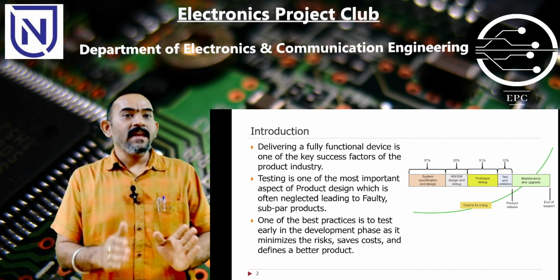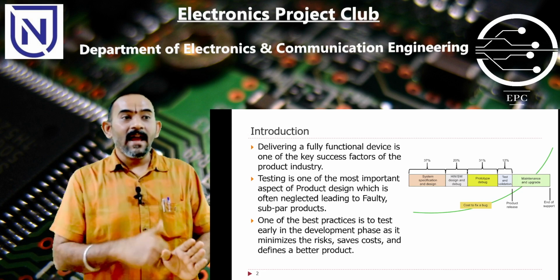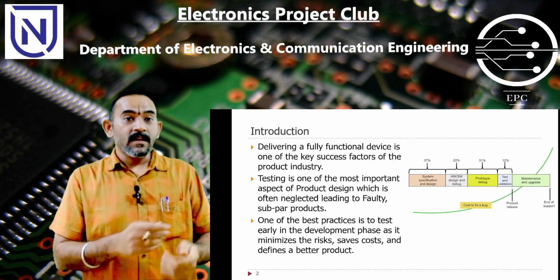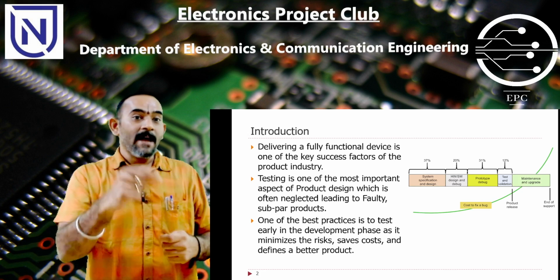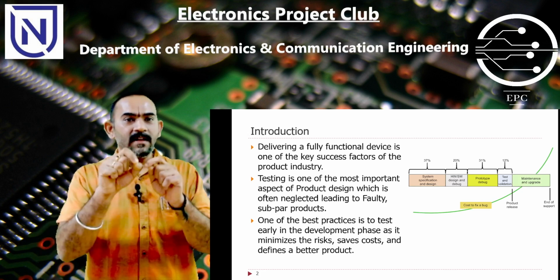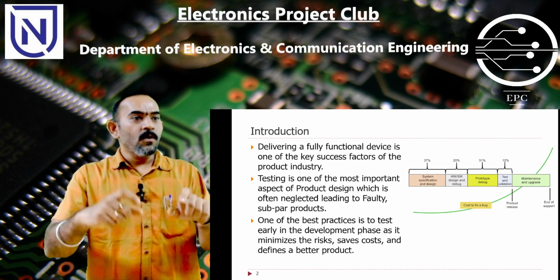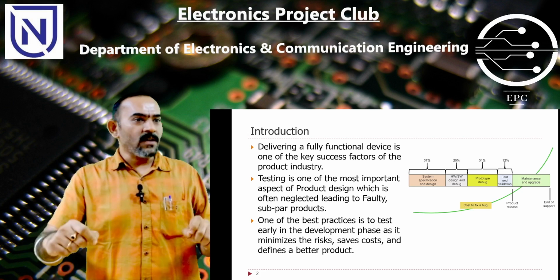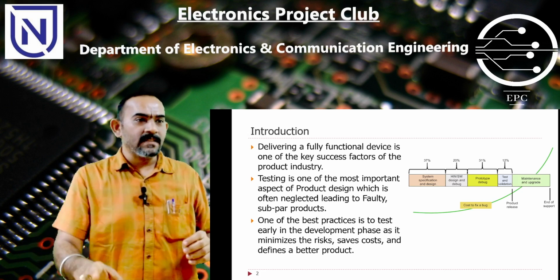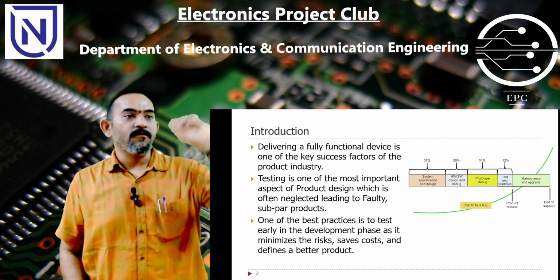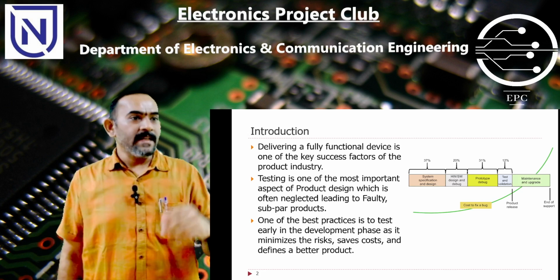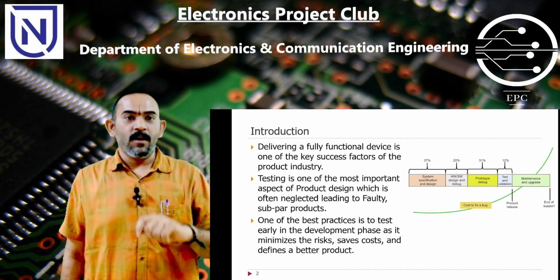So that is why they want to find faults as early as possible. This is more so if it is happening inside an IC, because if inside an IC there is a fault, once I fabricate it, if it is not working, I have to simply throw away that IC. Assume such a fault exists in one of your processors, a Pentium processor you buy, assume that had a fault.